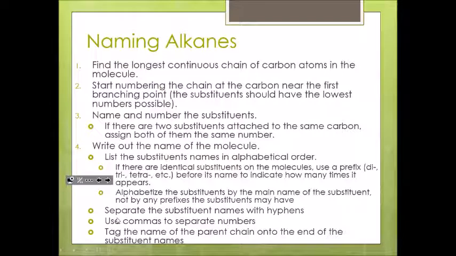In this case, you separate numbers with commas, and you separate numbers and letters, or numbers and words, with hyphens. And then at the very end, you tack on the name of the longest chain. Okay, the parent chain goes on the very end of the name. This, of course, probably means nothing to you, so we're going to work it step by step through the problem.